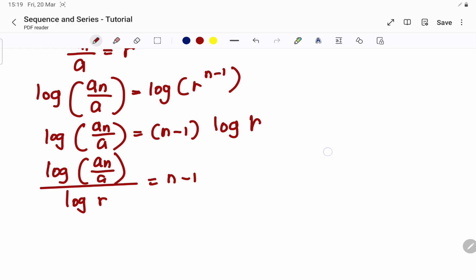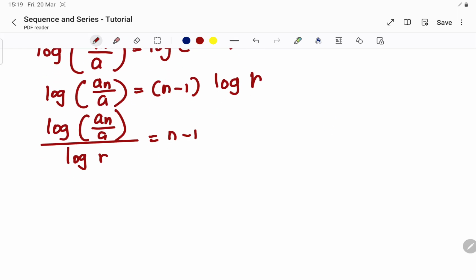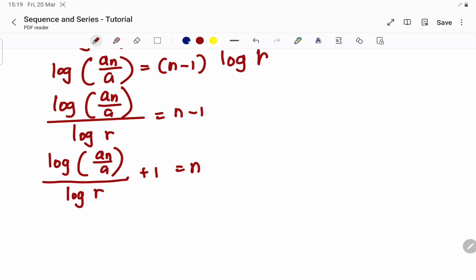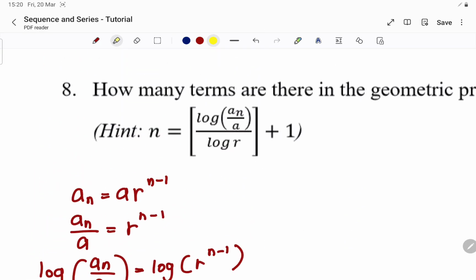Now we want n only, so you bring negative 1 to the left side, and you're going to get log of an divided by a, divided by log r, plus 1 equal to n. So this is how you get the formula that is provided in the hint, which is similar here.